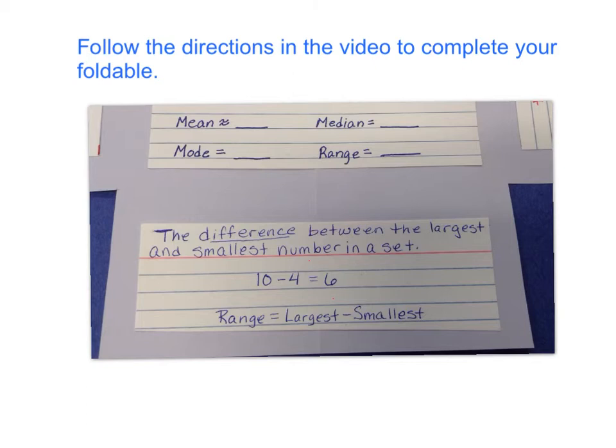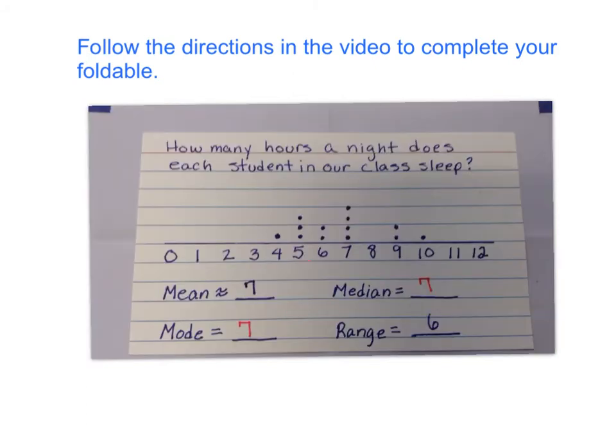We're not actually using the range in this lesson, but it's going to come up in future lessons, so we're going to go ahead and put it in this foldable so that you will have it for the future. And glue that onto the bottom flap, and then fill in all the numbers that we've found. So we found out that our mean is approximately 7, our median is 7, our mode is 7, and our range is 6.